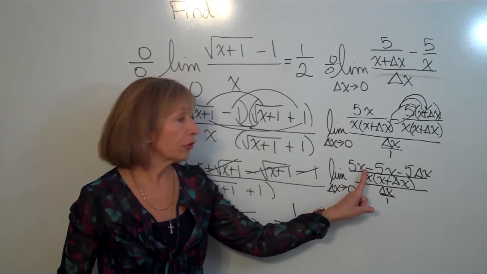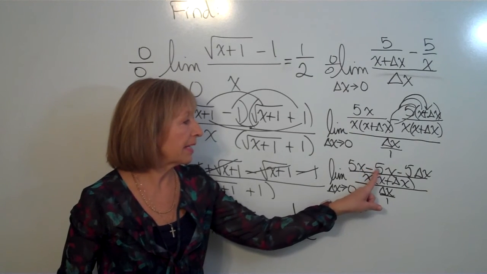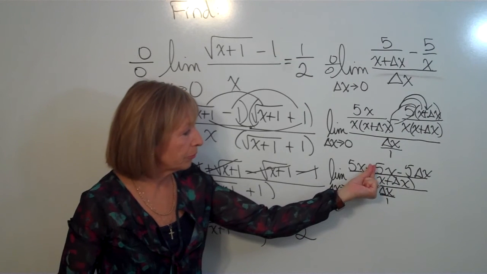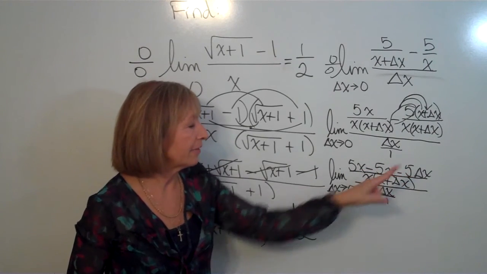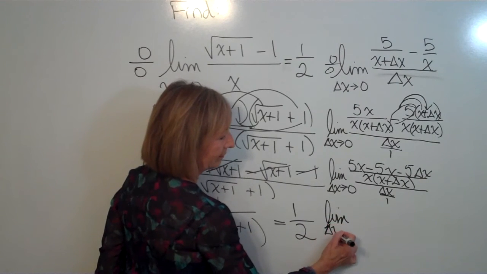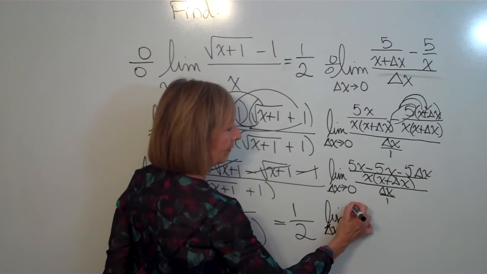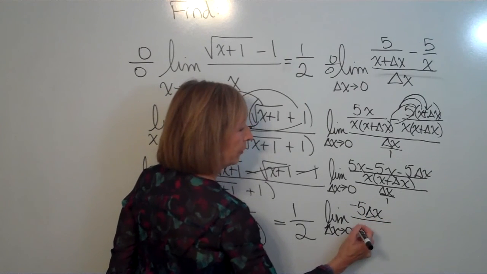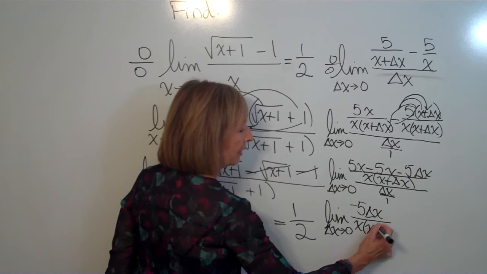Now combining like terms in the numerator, 5x minus 5x, the 5x like terms combine and remove. So I just have a negative 5 delta x over my x times x plus delta x.